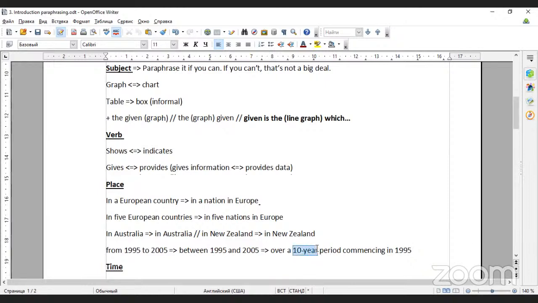So, a 10-year period commencing in 1995. You can say beginning, but commencing is more advanced. And you also have this participial construction and a compound adjective. So everything is nice in this kind of paraphrase. All right. During a certain year.